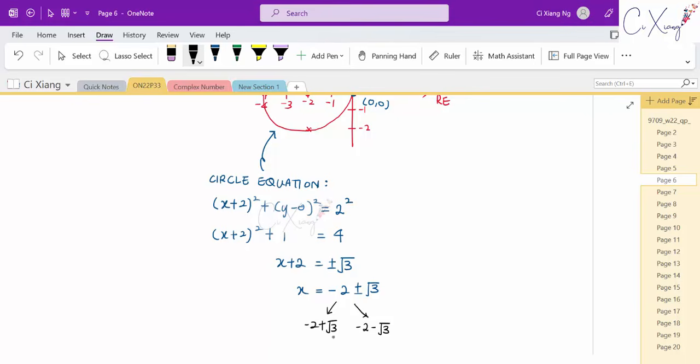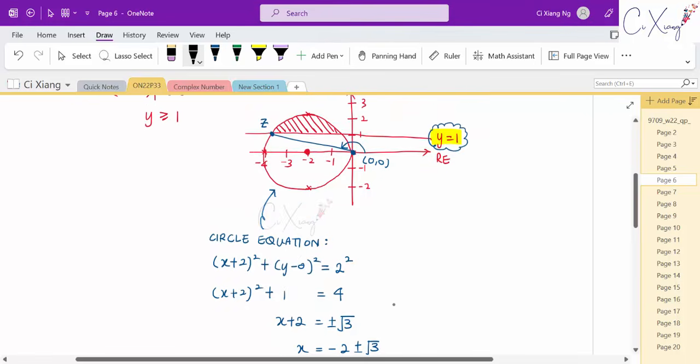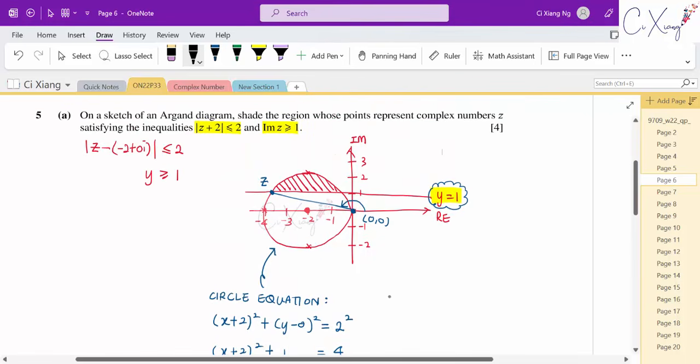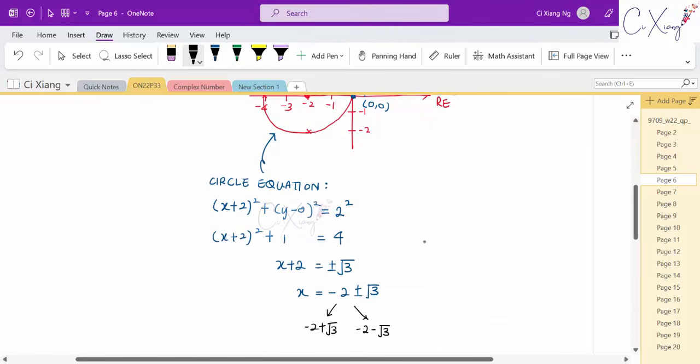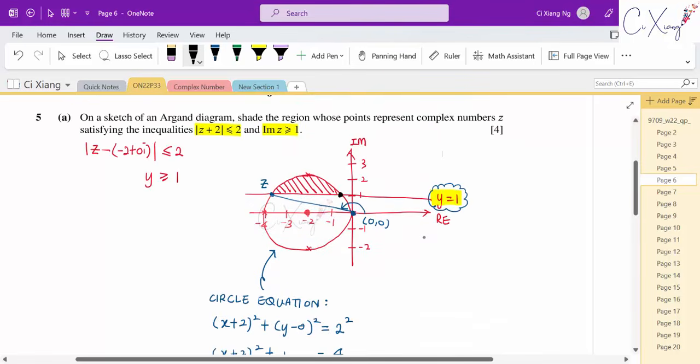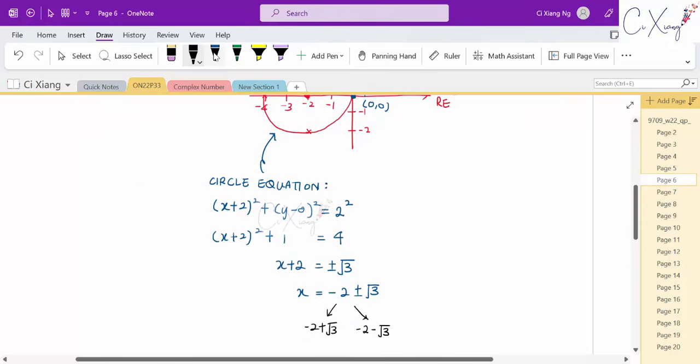Okay, so these two x coordinates are basically the intersection points. So you can see that for our diagram here, we are having two intersection points. So that means the value negative 2 plus square root 3 belongs to the first intersection point here, and the z should be this one.